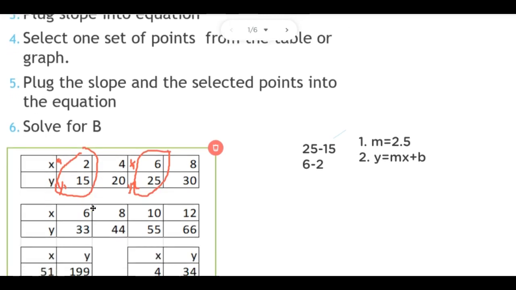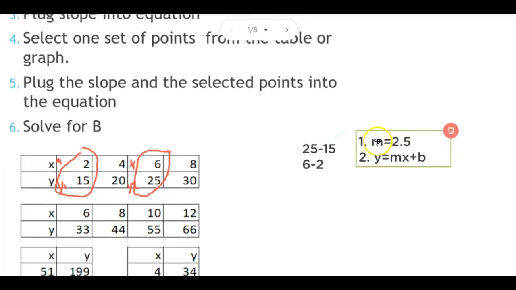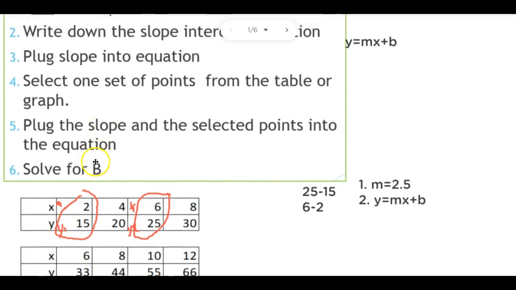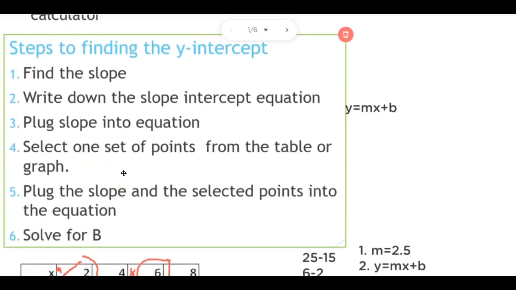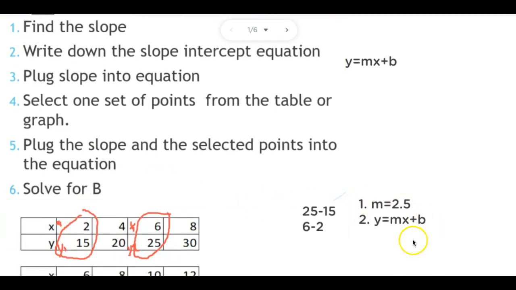But m represents the slope. Remember, we talked about that. M is the slope, it's the rate of change, it's the unit rate. That's m. B, however, is the new one. B is our y-intercept. So down here where it says solve for b, that's saying solve for our y-intercept. I'm going to keep it moving, but m is our slope, b is our y-intercept.